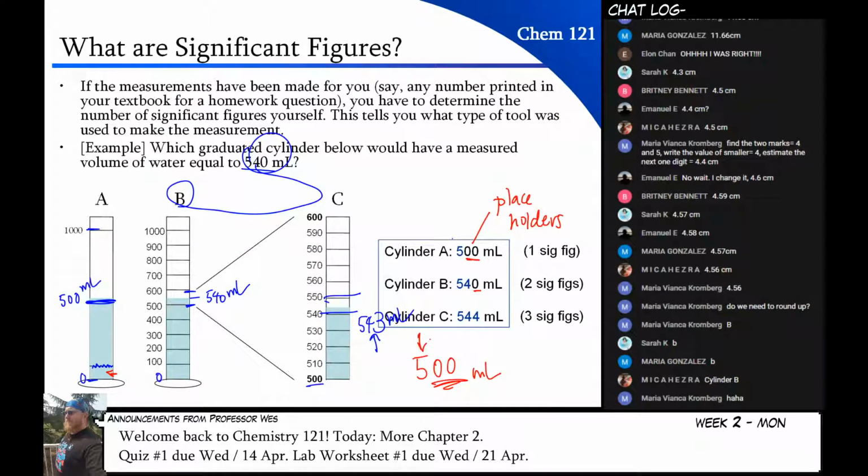If we had better marks, we could get more information. That's why we can write 540 on the second one. Even though they're all the same height, I should get the same answer every time, right? Well, there aren't enough marks on the one on the left in graduated cylinder A to tell us anything about how much liquid there was in the container if it's just poured in this rough 1 liter jug.